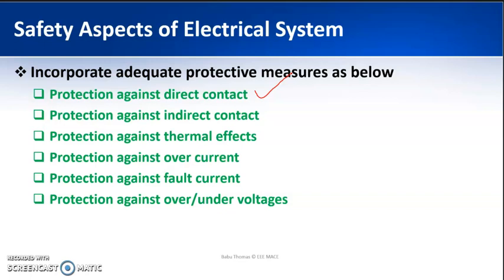Also protection against indirect contact, that is, a person has to be protected against the possible dangers from contact with the exposed conductive parts of an electrical installation. For example, the body of a motor or an electrical equipment is normally earthed, connected to the earth pin.